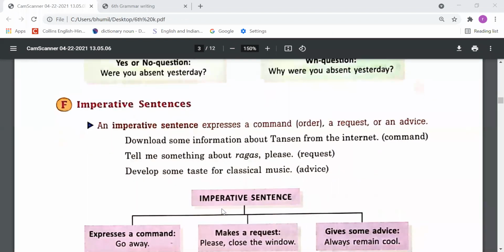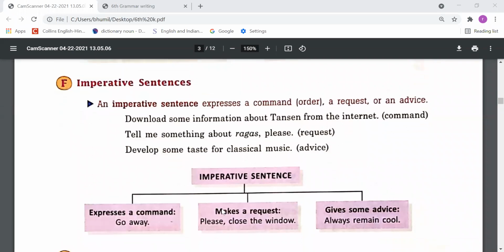Let's talk about imperative sentences. An imperative sentence expresses a command, a request, or an advice. Download some information about Tansen from the internet. That's a command. Tell me something about rags, please. That's a request. Develop some taste for classical music. Advice.